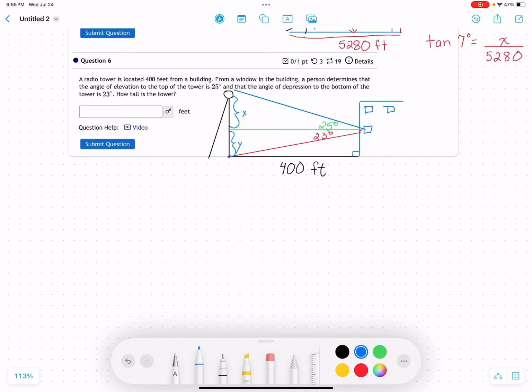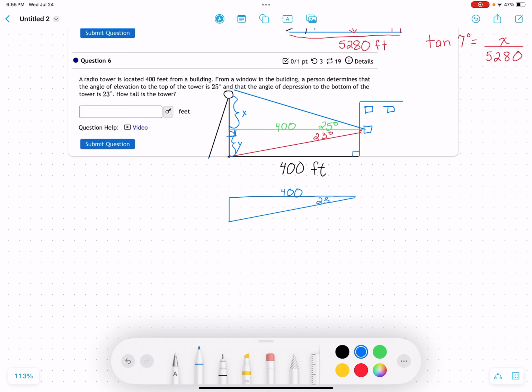Actually I could make it here. Let's just do it here. Then I don't have to explain all of that. So what we have is the right triangle below. We've got this 23 degrees, and this is 400. Remember, if that distance down below is 400, that means that this distance, of course, is also 400.